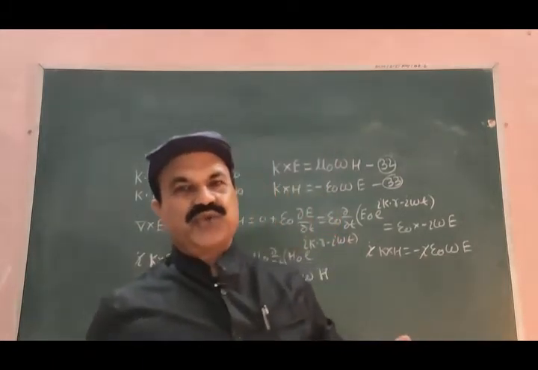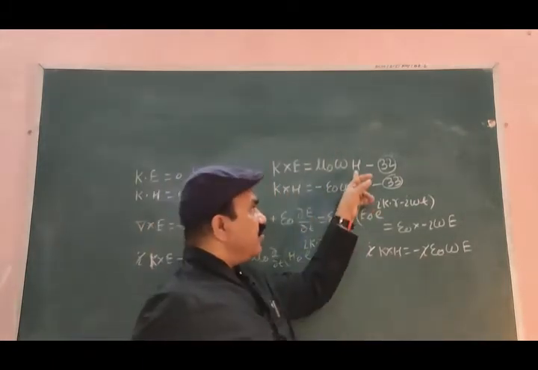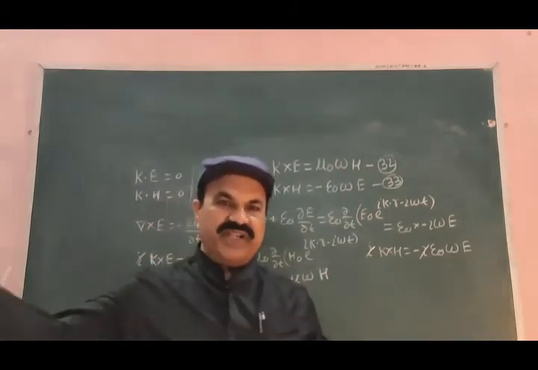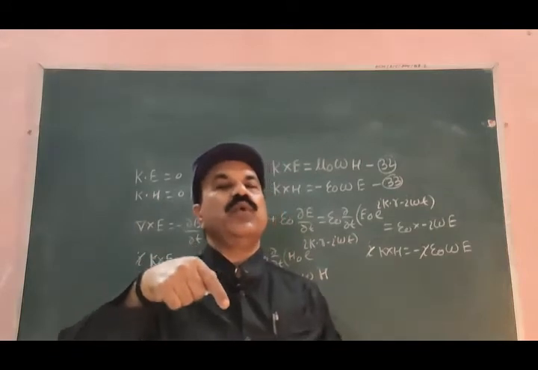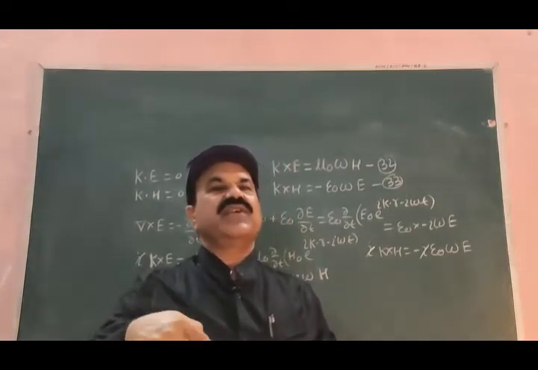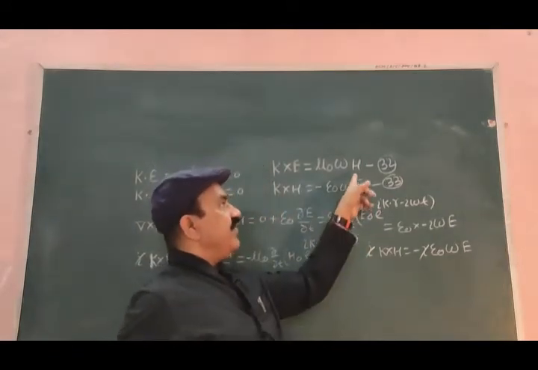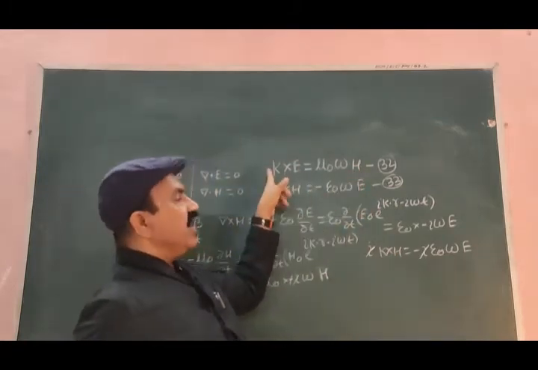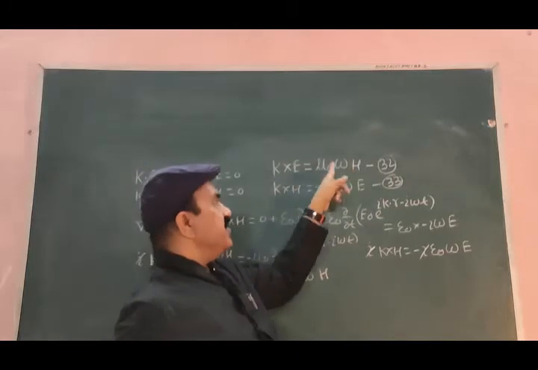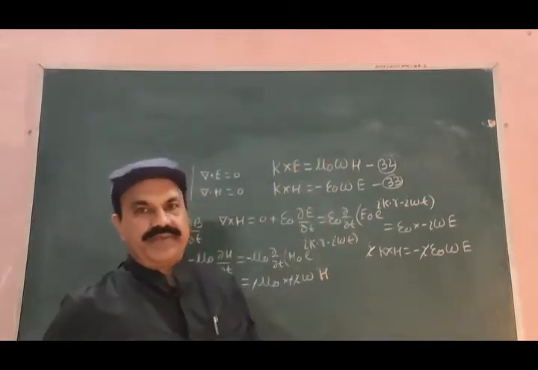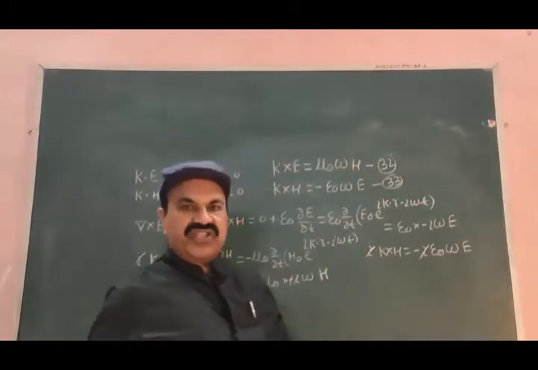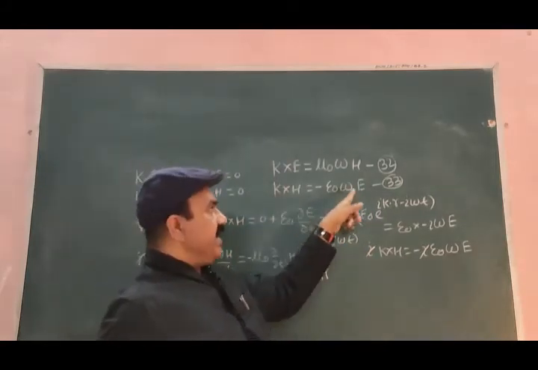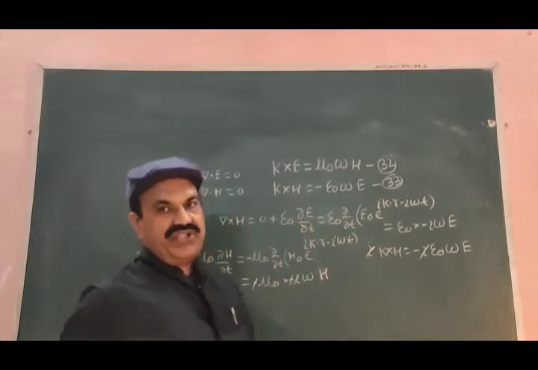Cross product of these two coplanar vectors is equal to vector H. Cross product of two vectors is always perpendicular to the two coplanar vectors in the cross product, and therefore according to equation 32, H is perpendicular to K, H is also perpendicular to E. According to equation 33, E is perpendicular to K, E is perpendicular to H.